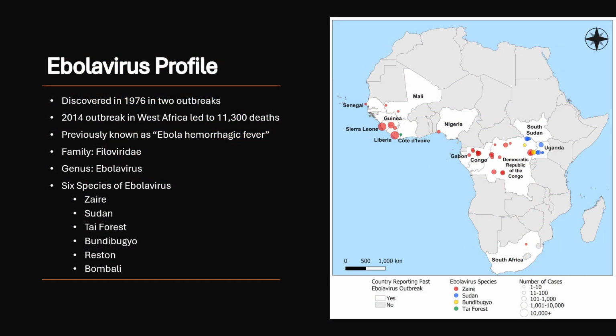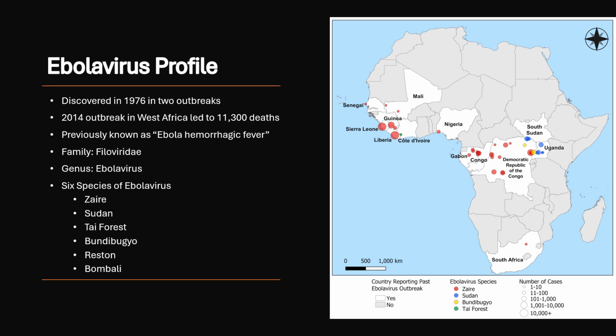The virus itself was discovered in 1976 in two outbreaks, one of them in South Sudan and one of them in the Democratic Republic of the Congo. More famously, there was an outbreak in 2014 in West Africa that led to thousands of deaths, over 11,000 actually.